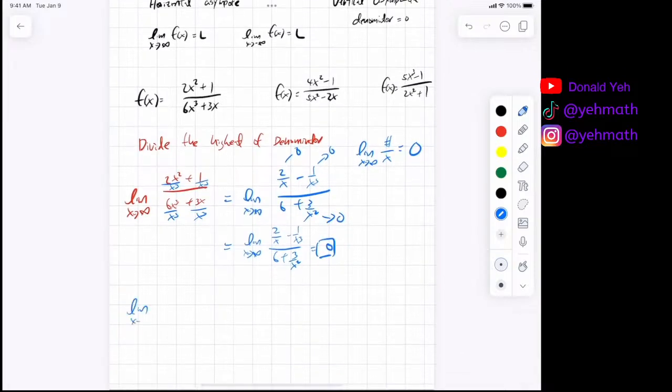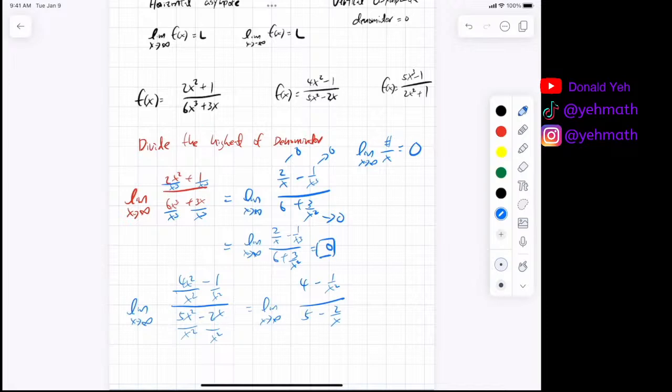Okay. I'm going to do the same thing on the second one. So limit x approach infinity of 4x squared minus 1 over 5x squared minus 2x. So you still divide it by x squared. So that's going to be 4 minus 1 over x squared, over 5 minus 2 over x.